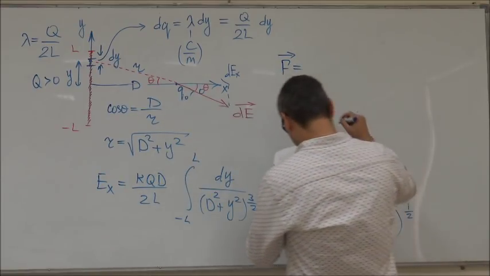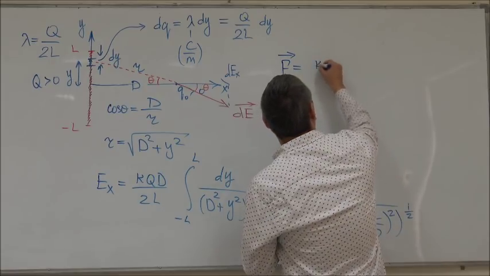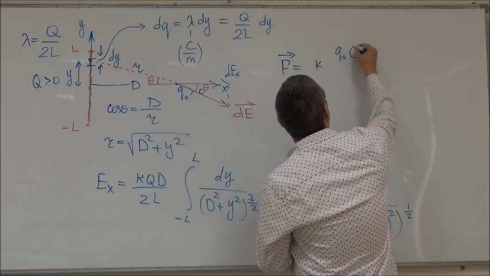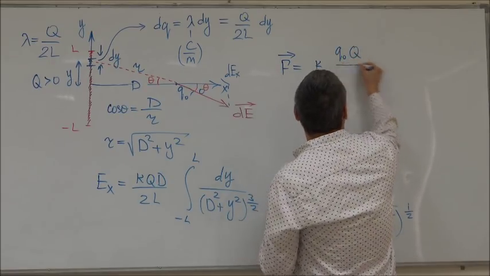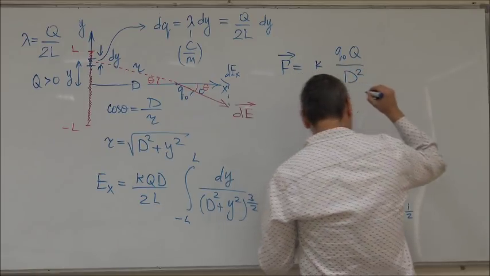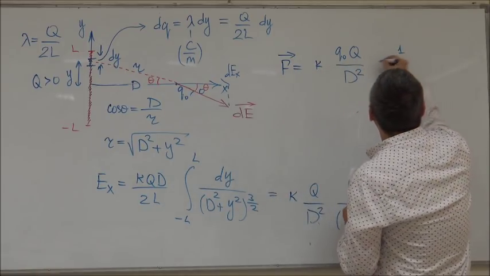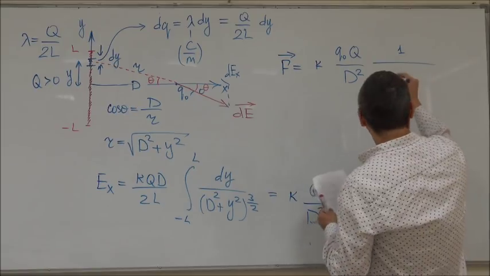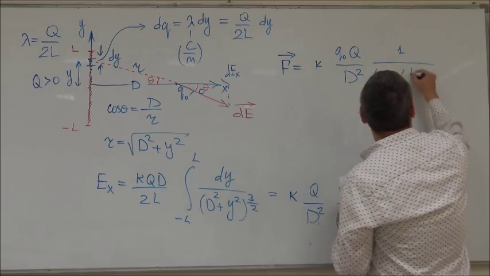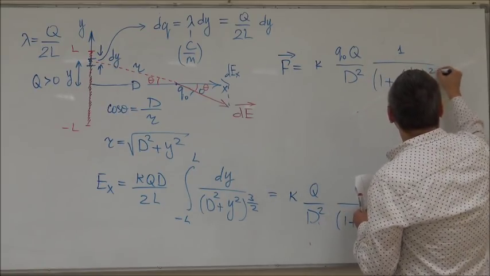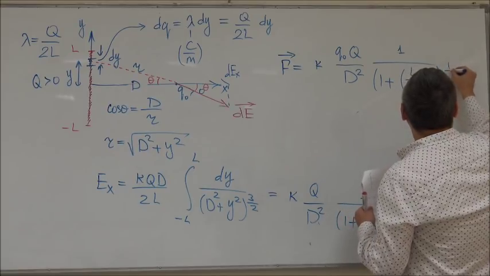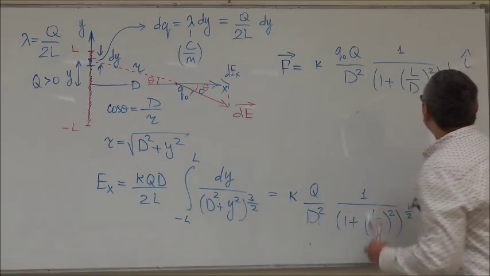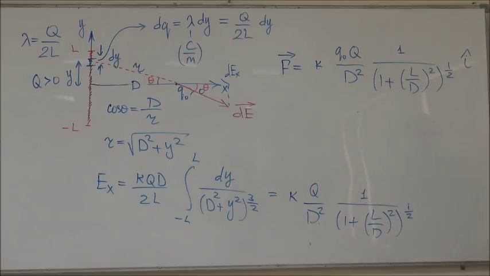So this is equal to k Q0 big Q over d squared, 1 over the square root of 1 plus L over d squared, pointing in the positive x direction, i.